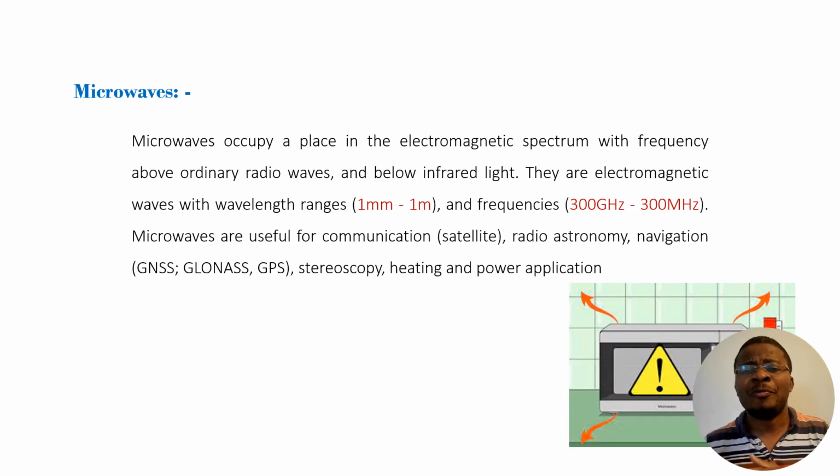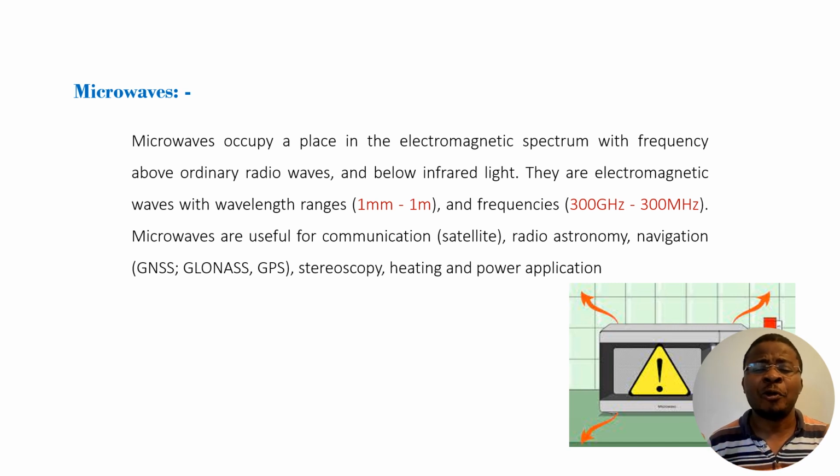Now, in that order of electromagnetic spectrum, we have the microwaves coming next, according to their range of frequency and wavelength. The microwaves occupy a place in the electromagnetic spectrum with frequency above the ordinary radio waves and below the infrared. They are electromagnetic waves with wavelength ranging from 1 millimeter to 1 meter and frequencies from 300 gigahertz to 300 megahertz.